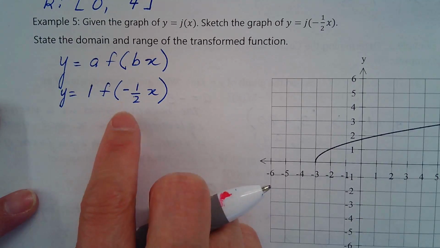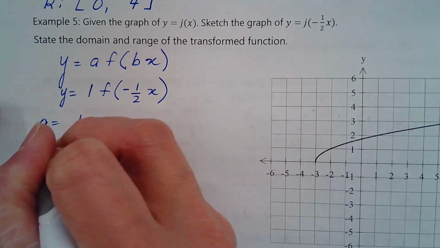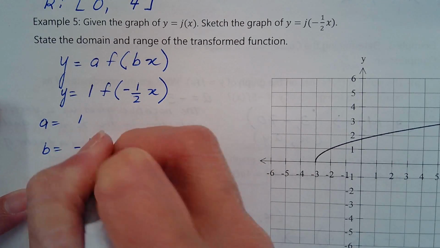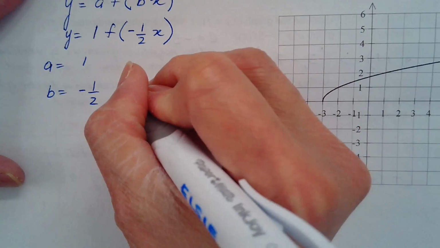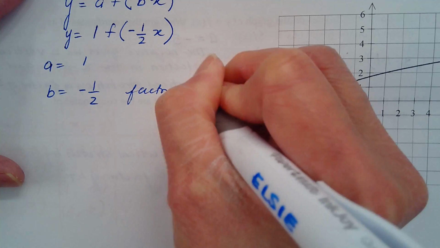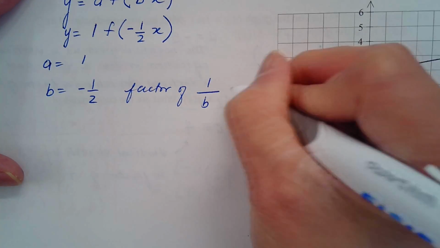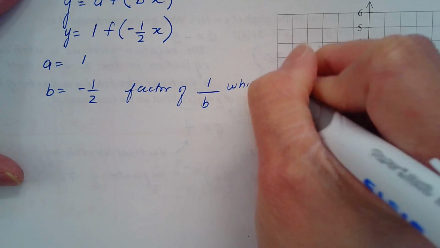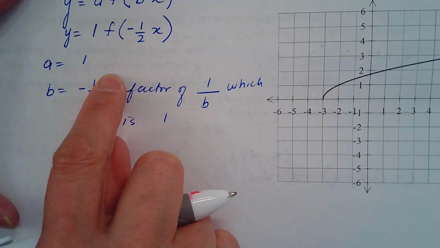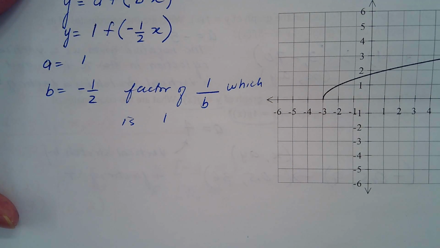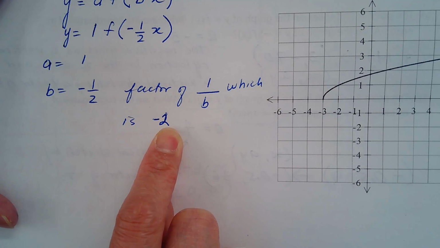Now, that tells us the A is 1, B is -1/2. So that means it's going to be a factor of 1 over B, which is 1 over -1/2. That's the same thing as -2.